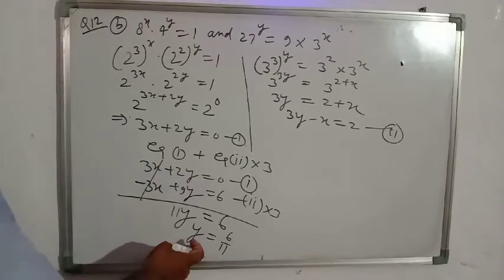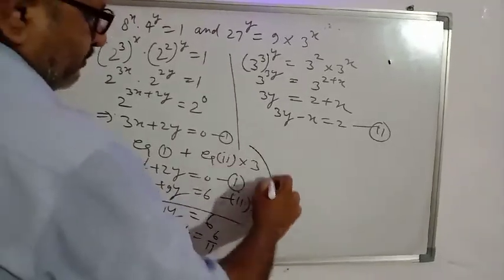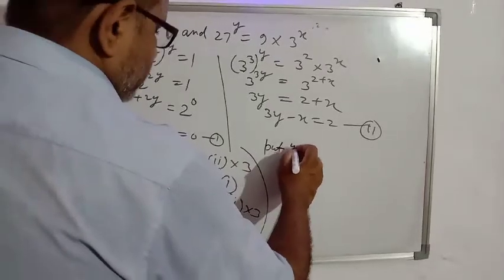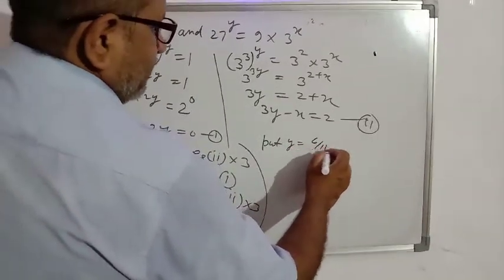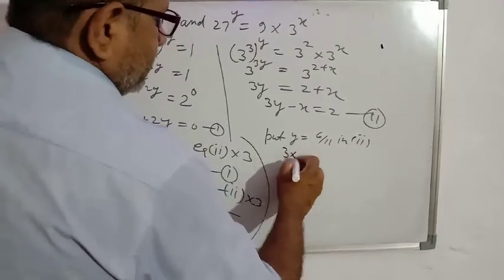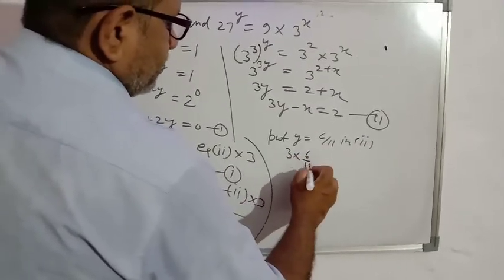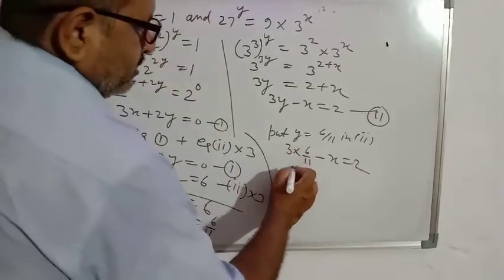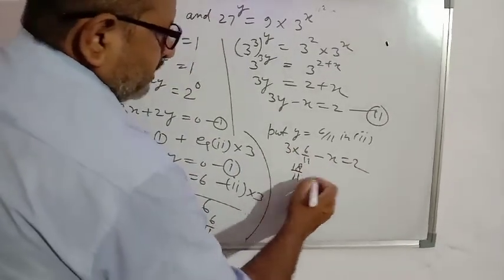Put the value of y in equation number 2 to find the value of x. So put y is equal to 6 by 11 in the second. So 3y is 6 by 11 minus x is equal to 3 into 6, 18 by 11.